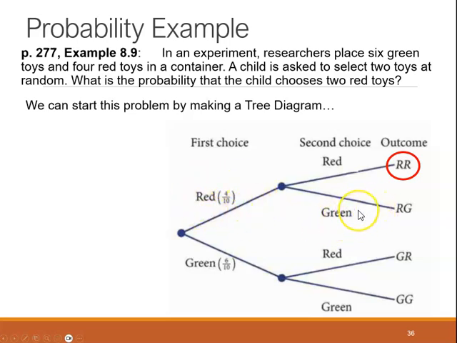So that probability should be 6 out of 9. Similarly, down here, there's still all 4 red toys remaining because we pulled a green, but there's only 9 toys, so this should be 4 out of 9. This one would be 5 out of 9. So if we want that red outcome, it should be 4 out of 10 times 3 out of 9.